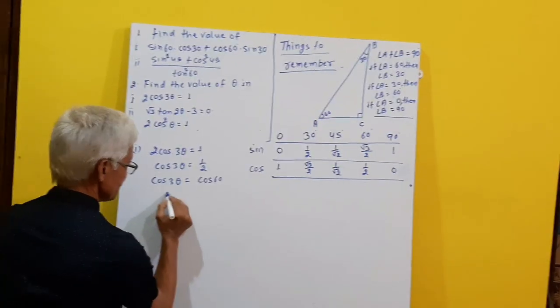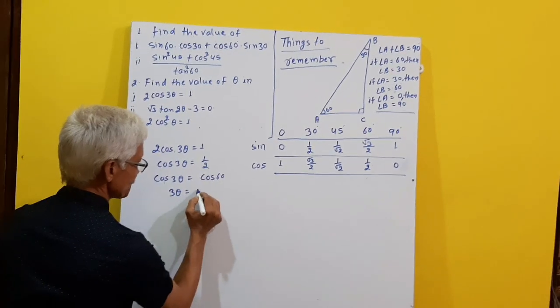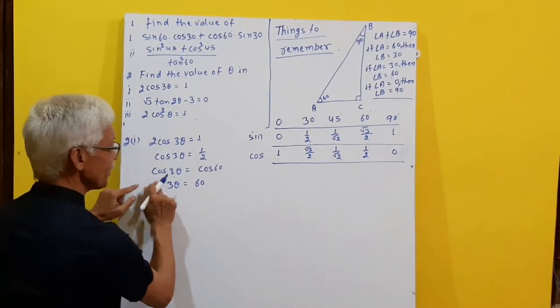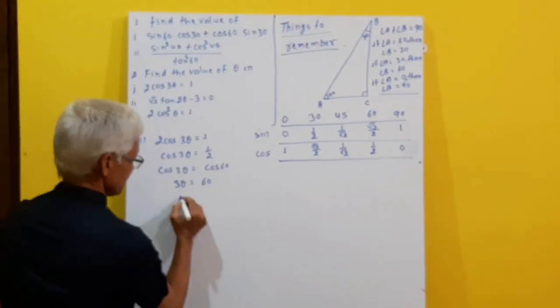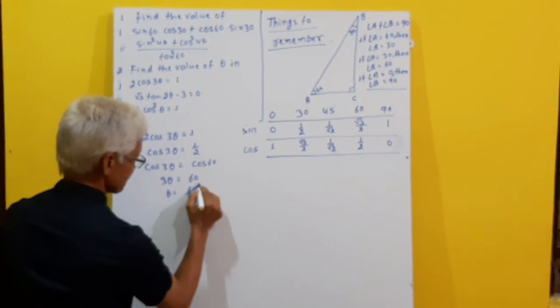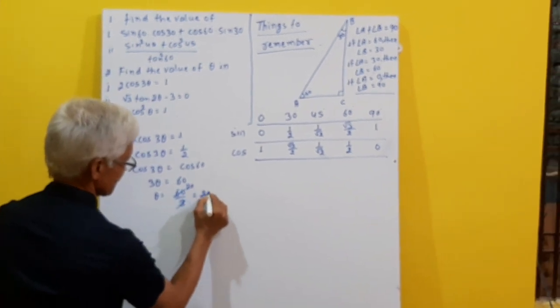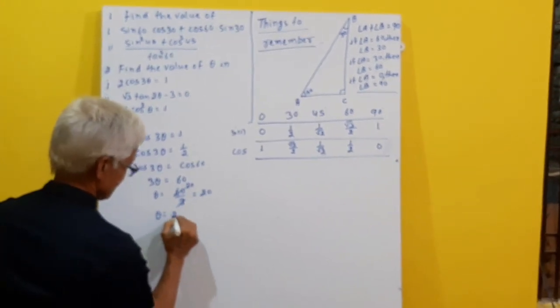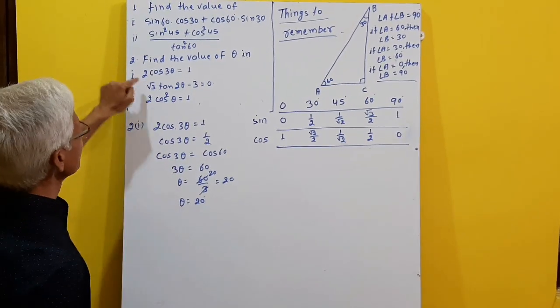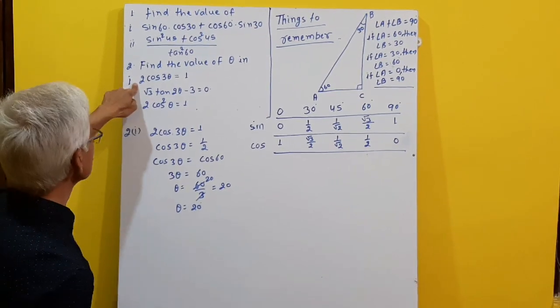Therefore 3 theta is equal to 60. You cannot cancel the cos, you only have to remove it. Therefore theta is equal to 60 upon 3. Here the value of theta is 20 degrees in question number 1.